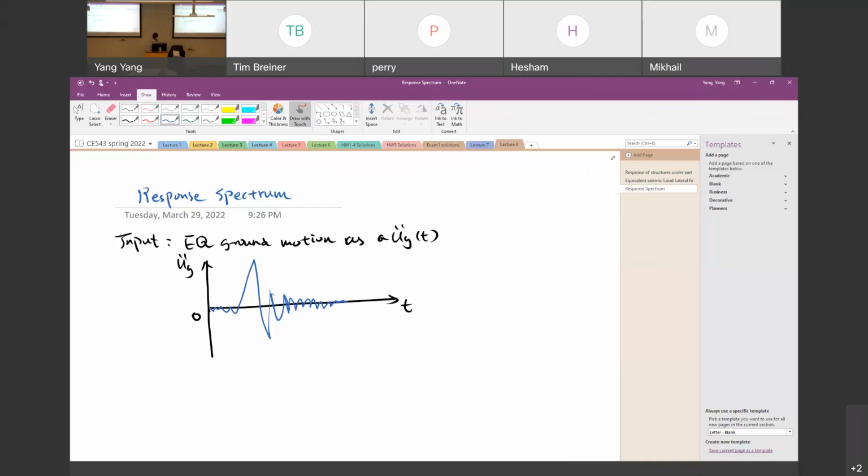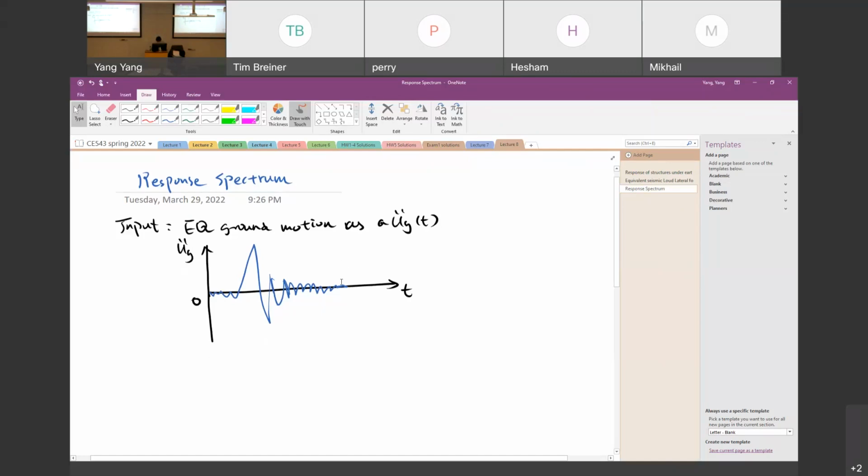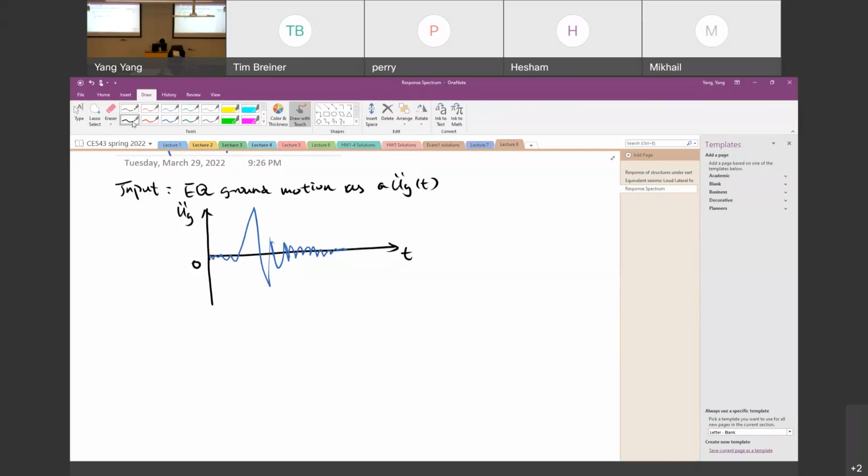With this input, we should be able to find the force. Now, given a structure, for example, this structure has a natural period equal to 0.5 seconds, and the damping ratio equal to 2%.